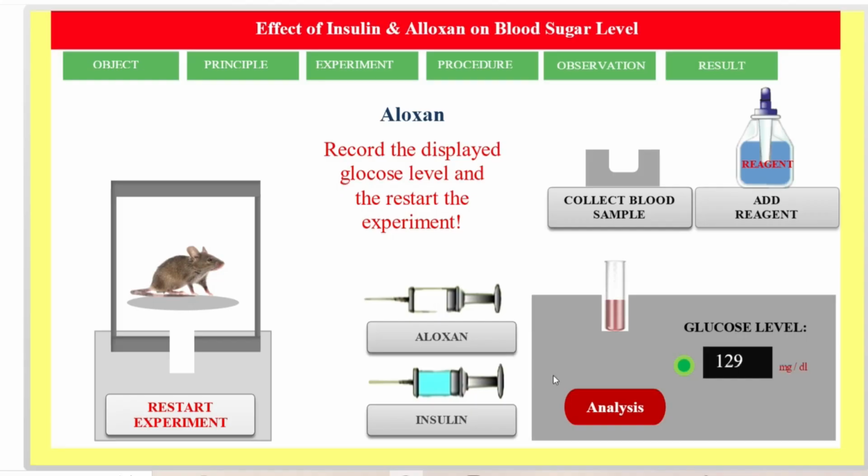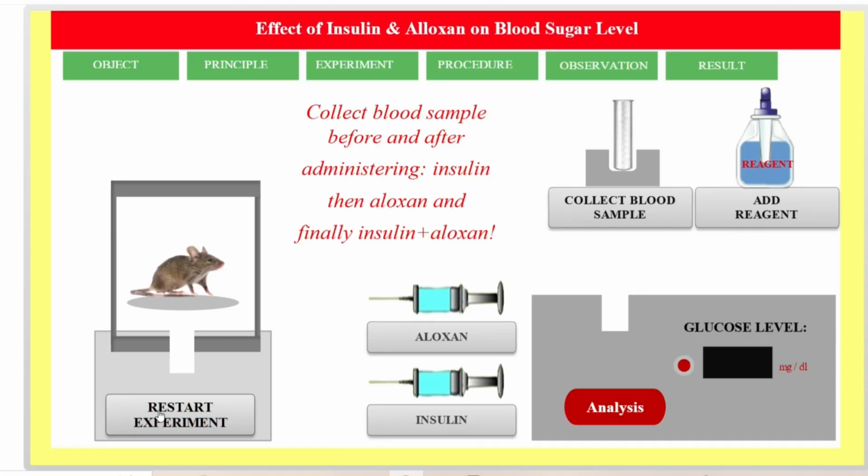Now we will go for the next step, restart the experiment. First we will give the Alloxan. So we have destroyed the rat's beta cells of Langerhans.